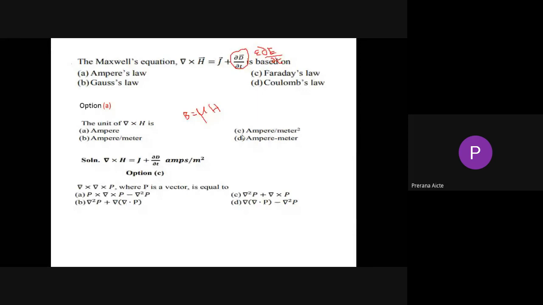Gradient, divergence, and curl: if it is del dot P, applying the gradient operator del with a dot product to a vector P, then that is called divergence. If we apply the cross product, that is del cross P, then that is called curl.